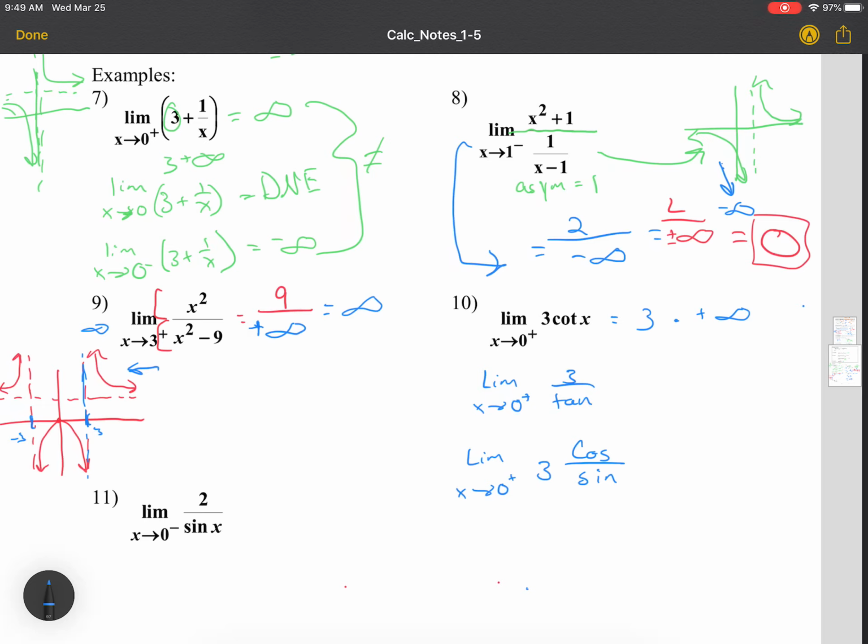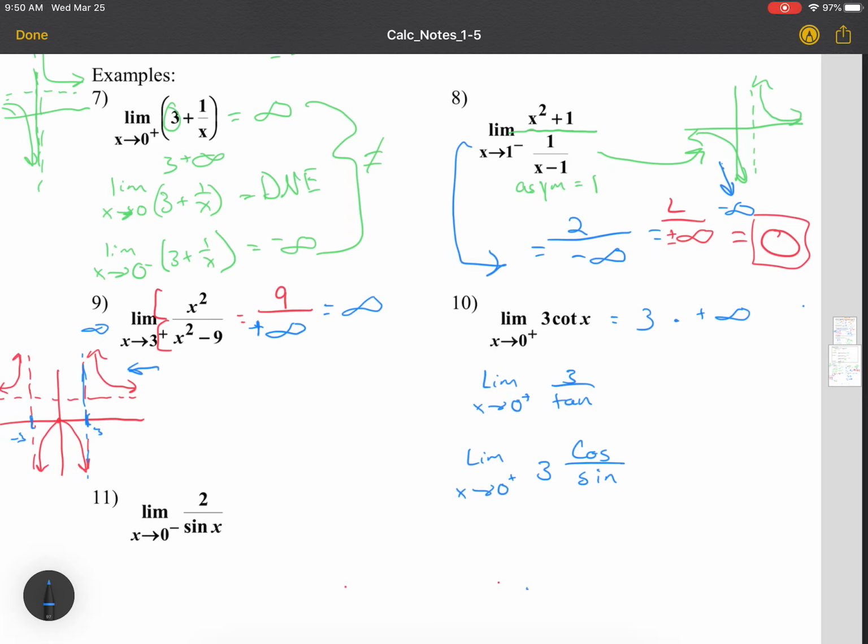When you think about that, we know that it's going to be infinity because you're going to get your infinity in the denominator. Your sine's going to be a denominator.